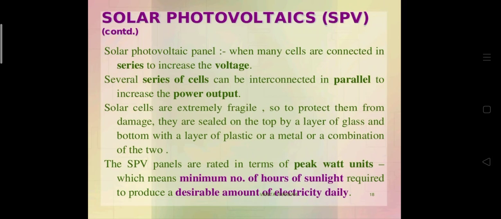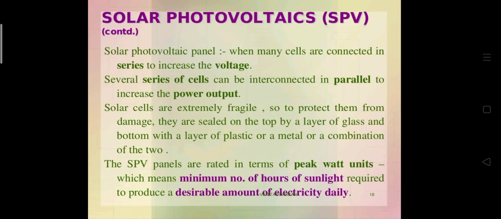These solar cells are very fragile, so to protect them, we cover the solar panel. The top layer of the solar panel is sealed by glass, and the bottom is covered by a layer of plastic or metal or a combination of plastic and metal.